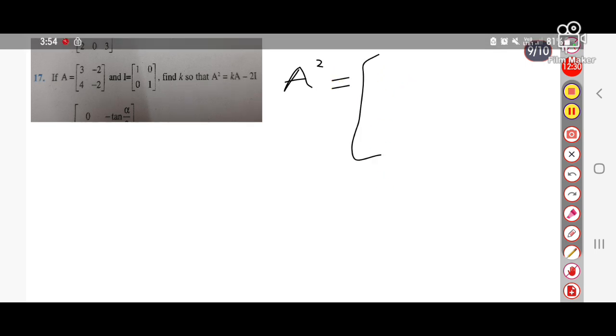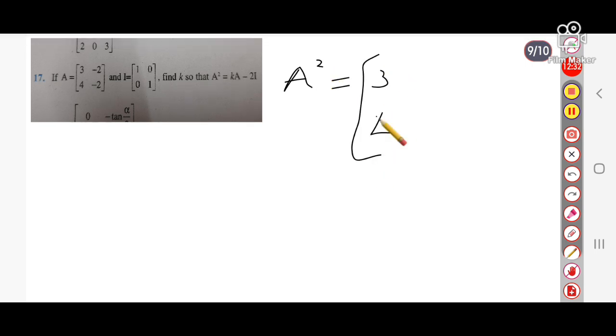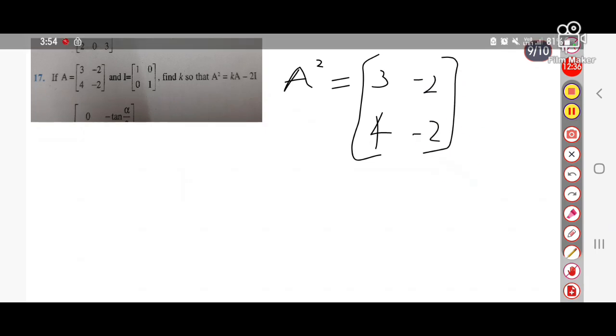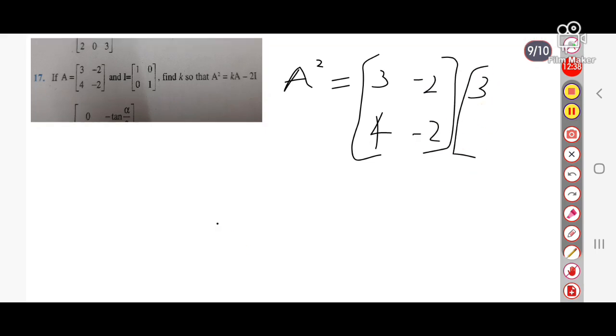So the A value is known. So A square will be 3, 4, minus 2, 3... into 3, minus 2, 4, minus 2.